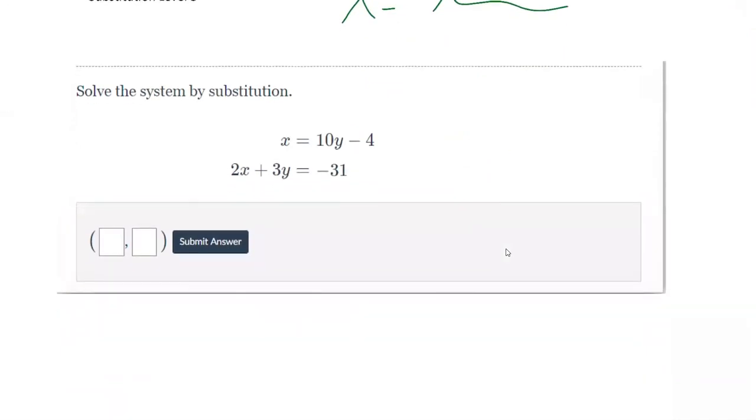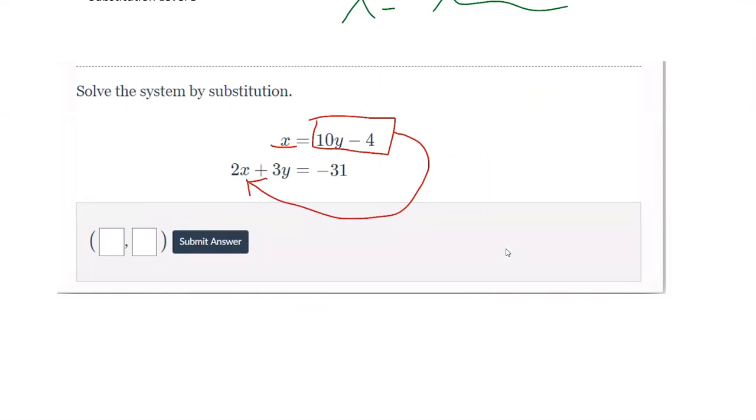So this first one, the first thing your eyes should see is that you have x equals 10y minus 4. This means anywhere you see an x, you can replace it with 10y minus 4. So in this second equation, anywhere I see an x, I can replace it with that nickname, that 10y minus 4.